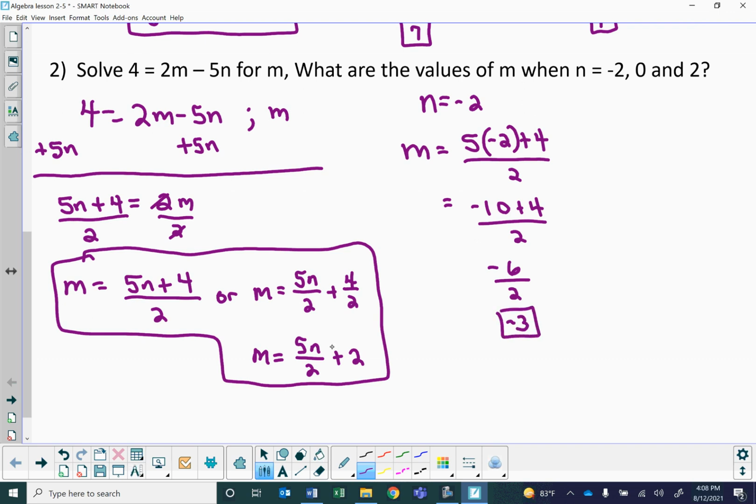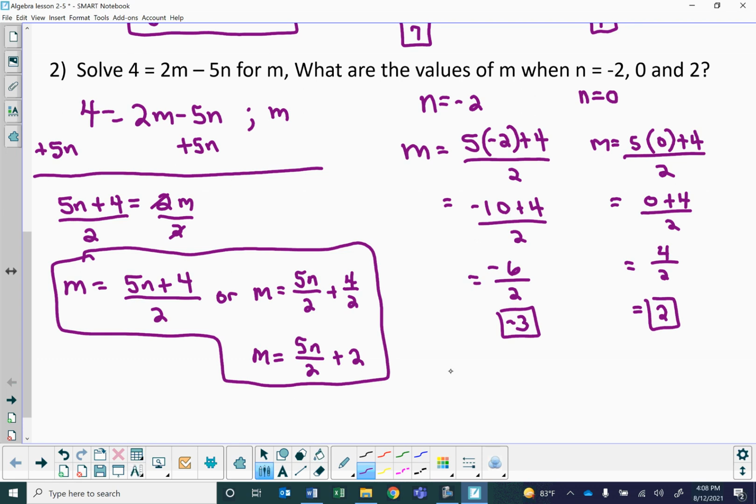So when n is 0, m will equal 5 times 0 plus 4 over 2. So that's going to be 0 plus 4 all over 2, which is 4 over 2, which is just 2.